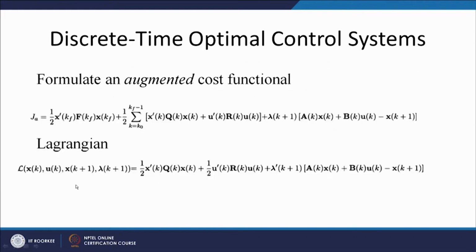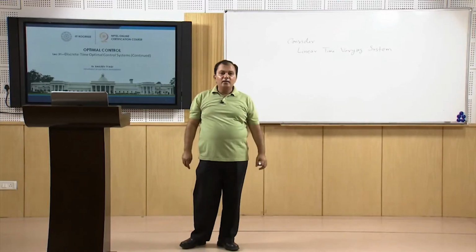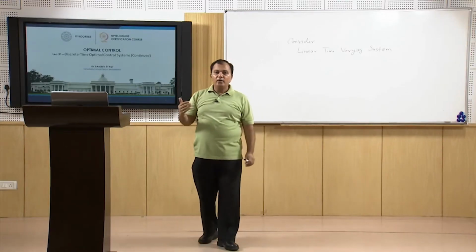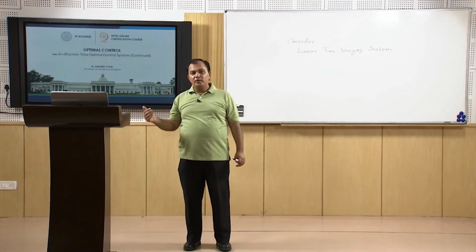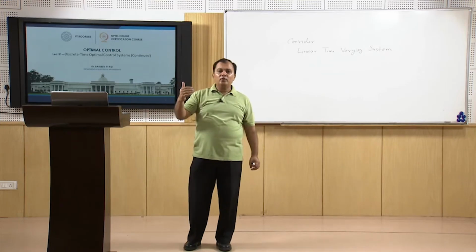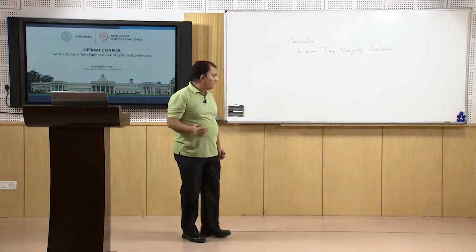So, what is our approach? First we will define an augmented cost functional. The solution of this problem we will start from our Lagrangian approach, and then we will convert the Lagrangian into the Hamiltonian, and then find out the final equations.